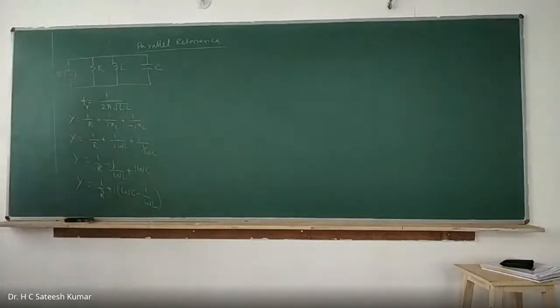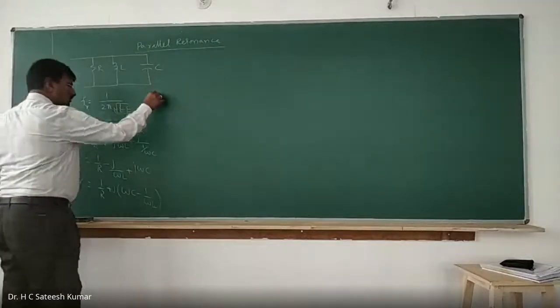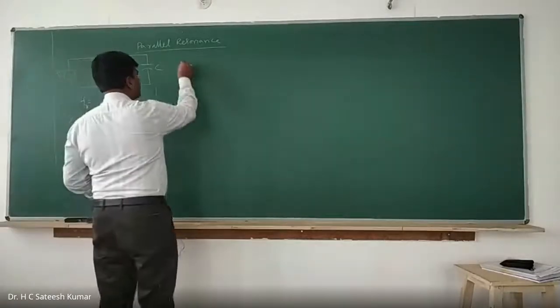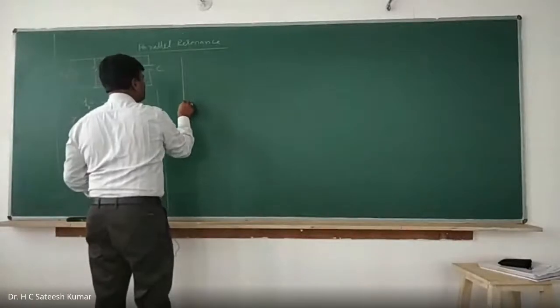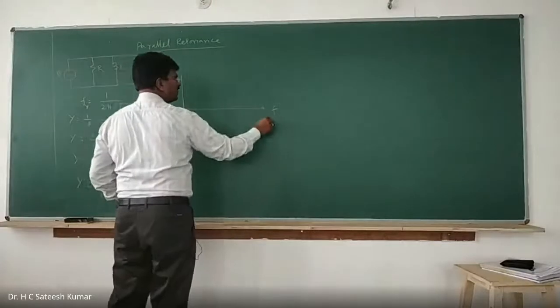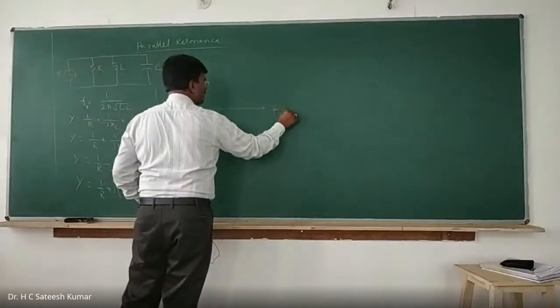Okay, right. Now, if you draw the frequency response of this parallel resonant circuit, it would be like this. This is frequency F in hertz, or omega.